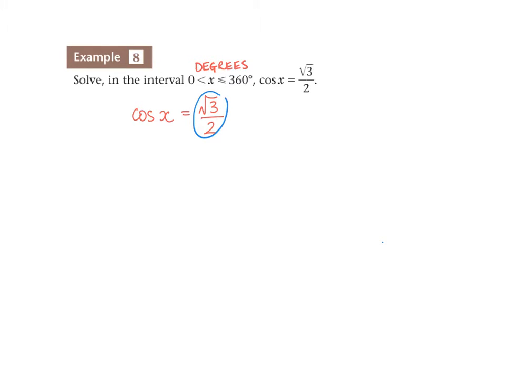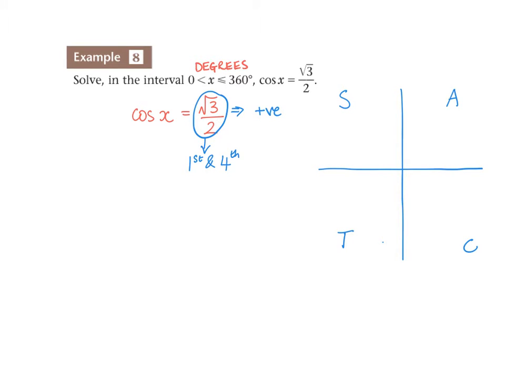We look at the ratio, we see that the ratio is positive. We locate where the angle is going to be. All are positive in the first quadrant, only sine, then tan, and then cos. So that tells me that the angle must be in the first and fourth quadrants.